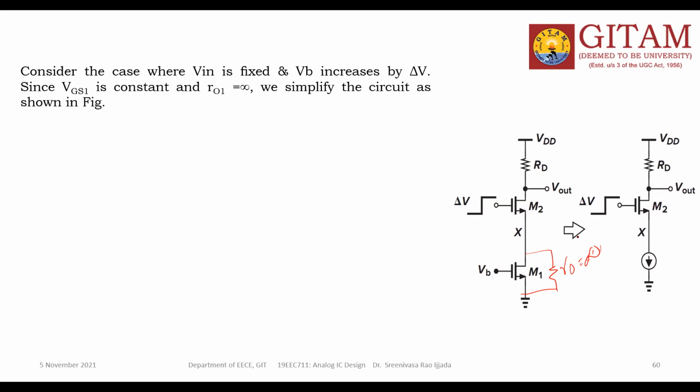When these approximations take place, I can redraw the circuit like this: M2 is there, RD is there, whose gate carries some change of voltage, and the entire bottom device is replaced with a constant current source.